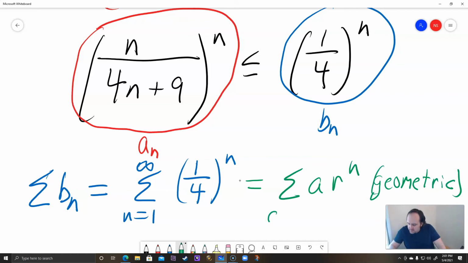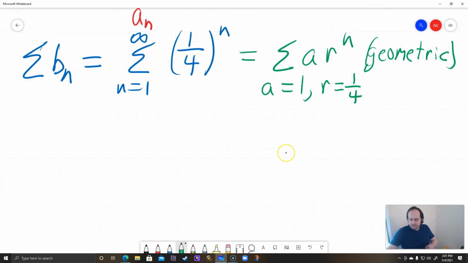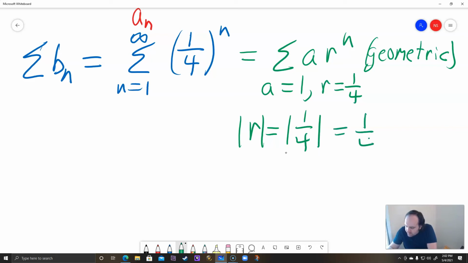Here we can see that a equals 1 and r equals 1/4. Since the absolute value of r equals the absolute value of 1/4, which is 1/4, and that's less than 1, that means the geometric series converges.